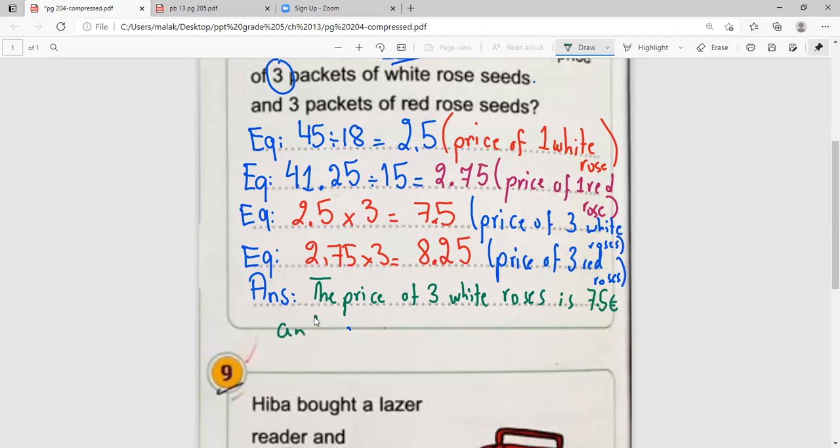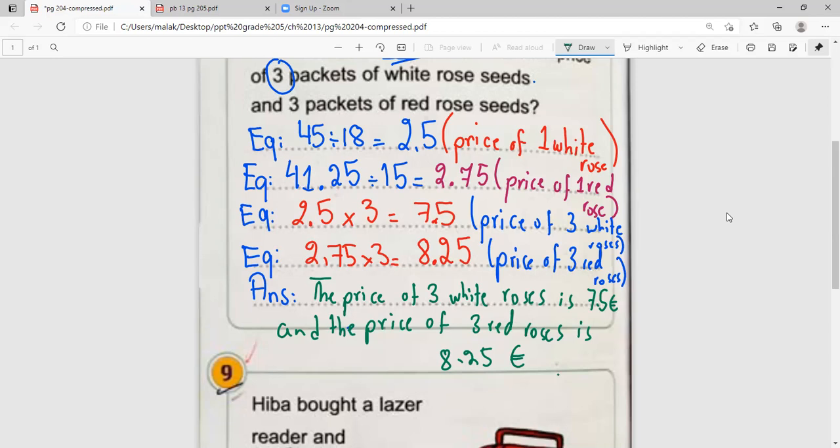Is it clear, this problem? Yes. So this problem shows us the difference between multiplication and division. When will I divide? When we have to multiply.